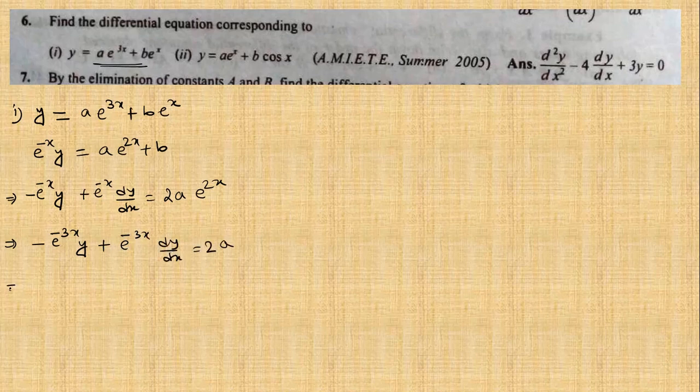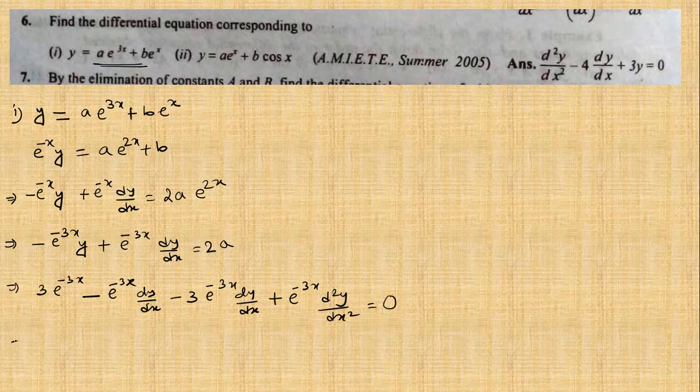Just differentiate with respect to x, this becomes plus 3 e to the power minus 3x y minus e to the power minus 3x dy/dx, and this gives you minus 3 e to the power minus 3x dy/dx, and derivative of this plus e to the power minus 3x d2y/dx square. Derivative of 2a with respect to x becomes 0.